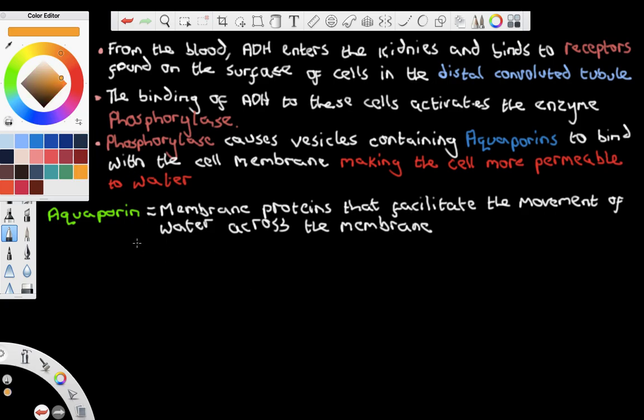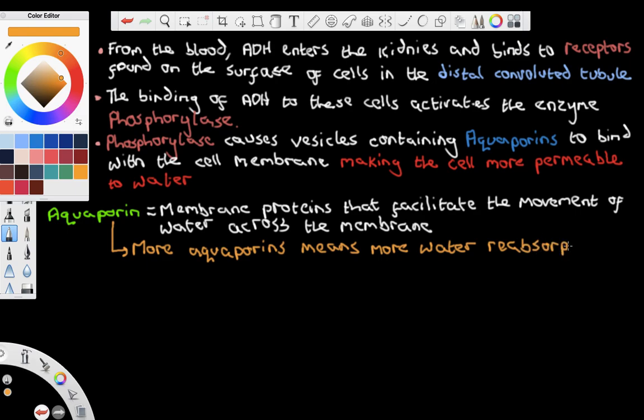So we can say that more aquaporins means more water reabsorption. Okay?